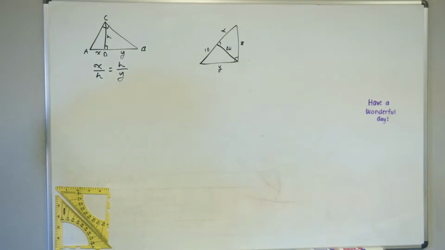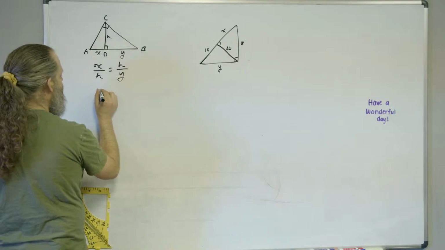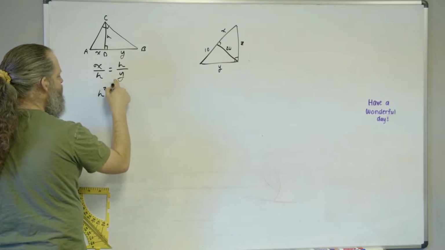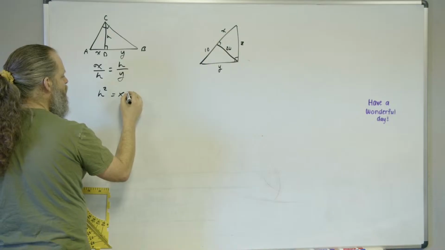No, it would be h plus h, but that's a common accidental mistake. h times h isn't 2h. What is it? h squared. True enough. There's a 2 involved, just in a different place. And then x times y is just x times y.